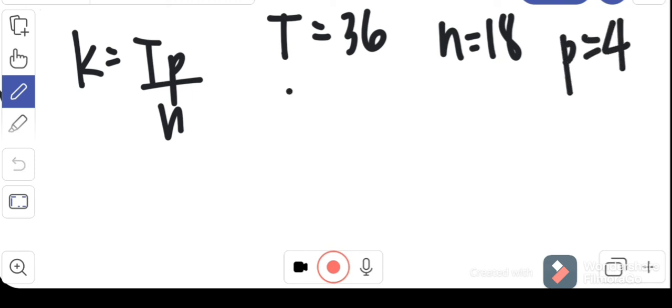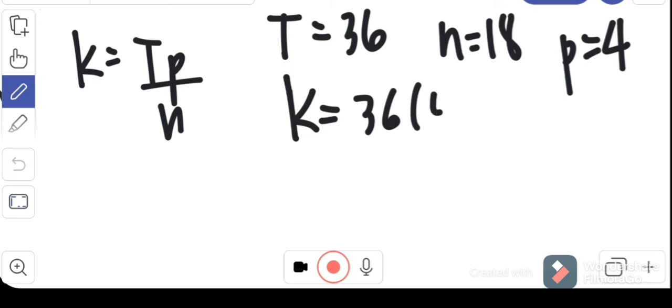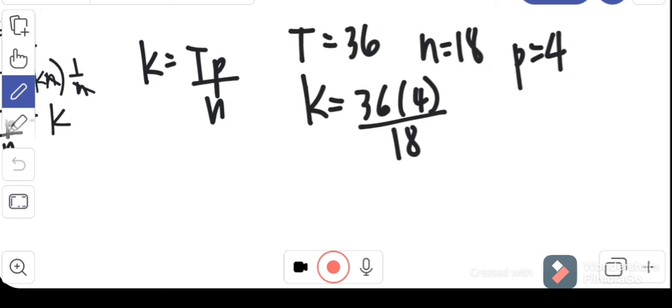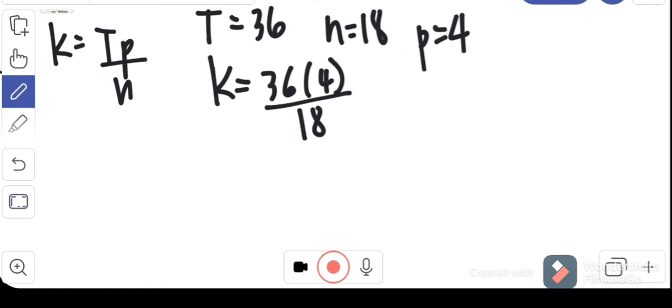Now let us solve for the value of K by substituting each value to our equation. K is equal to 36 times 4 over 18. Then we simplify. I'll use cancellation. 18 and 36. This is 1 and 2. K now is 2 times 4 is equal to 8.